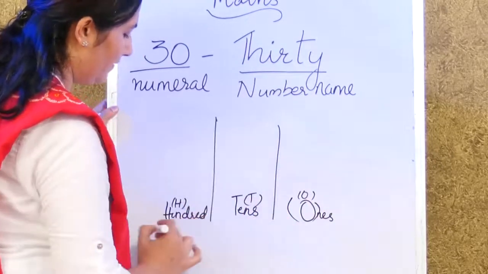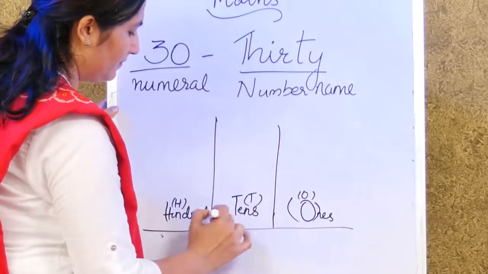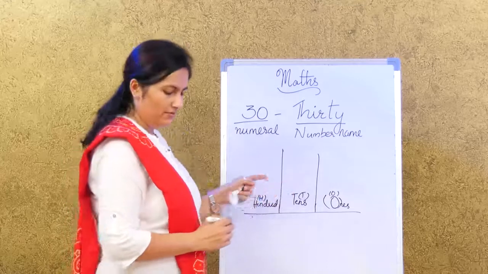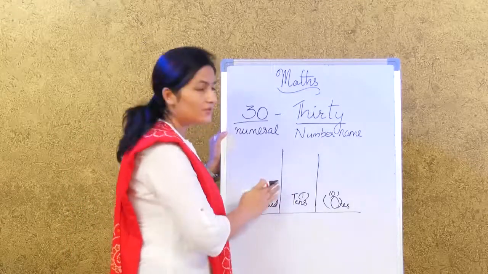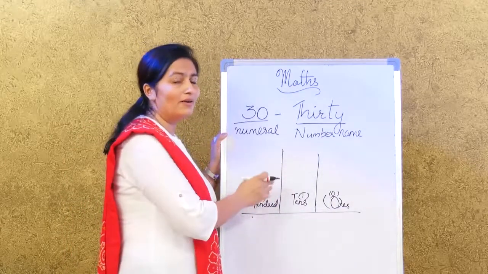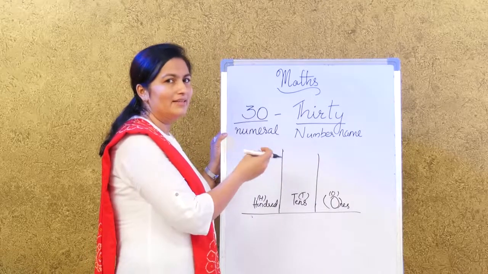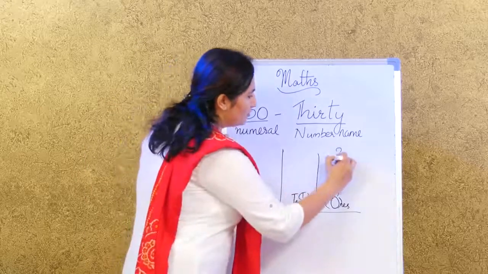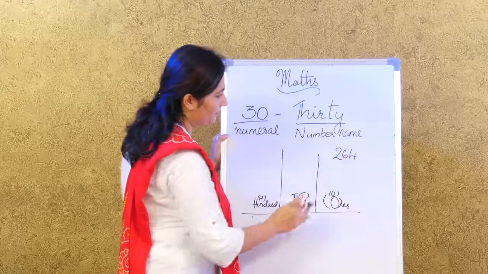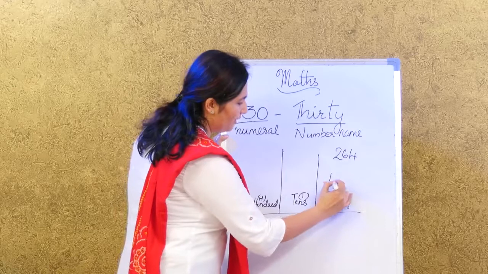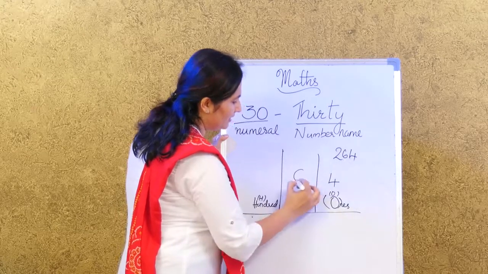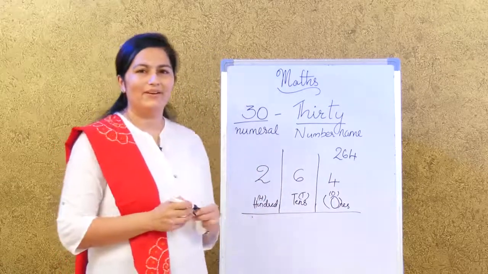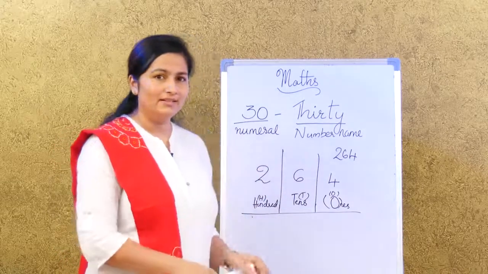Abacus, you all know, is the rod and the bead system by which we can learn the numbers a little better. So let's take the number 264. So 4 comes in the ones column, 6 comes in the tens column and 2 comes in the hundreds column. Alright, you remember that from last year?